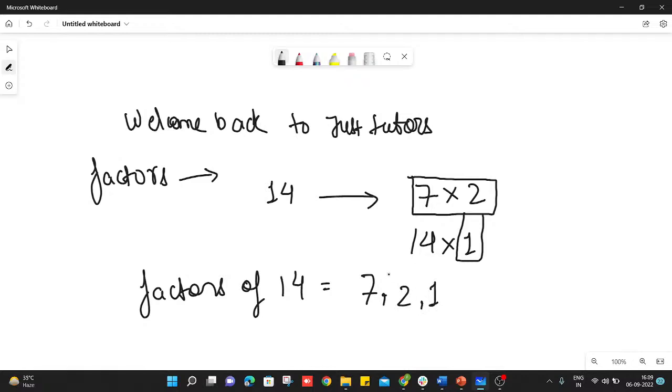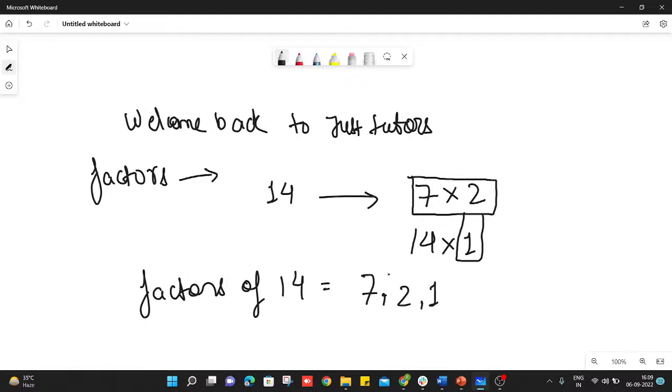Okay, one thing you have to understand, 1 is a factor of every number. Because basically you can multiply any number by 1 and you will still get the exact same number. That is why 1 is a common factor of every number.